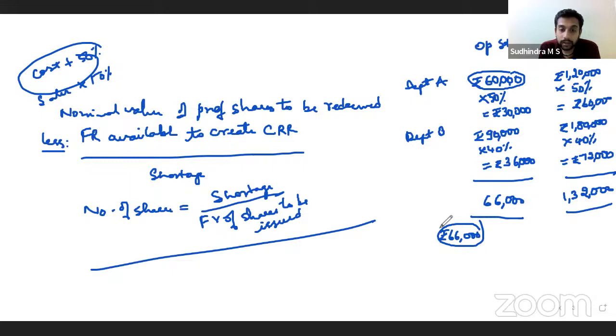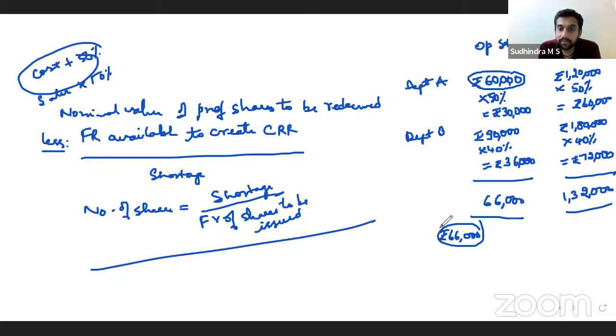Sorry, sir, I couldn't hear the last bit, I'm having network issues. 1,32,000. Yes, sir. Unrealized profit of 1,32,000 shall be recognized in the current year by debiting P&L account. Thank you, sir.